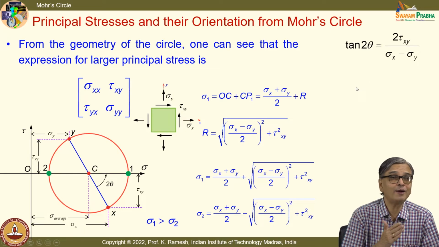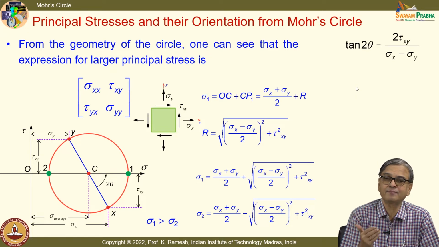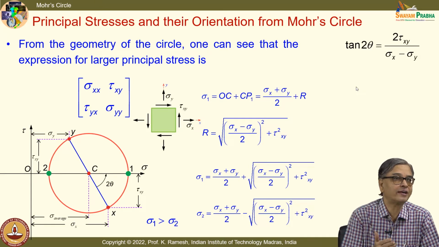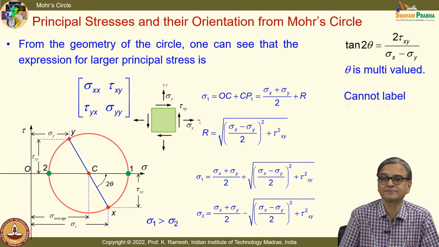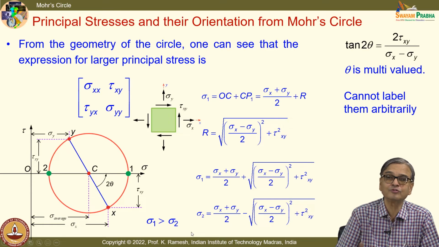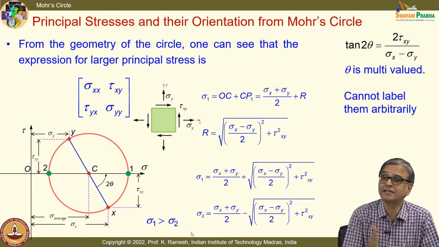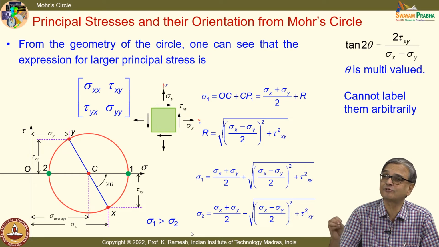And what you will have to recognize is, when I evaluate theta from this expression, it is an inverse trigonometric function. So, theta is multi-valued. Like what you have done for sigma 1 and sigma 2, algebraically arrange them, you cannot go and algebraically label the values of theta as theta 1, theta 2, theta 3.